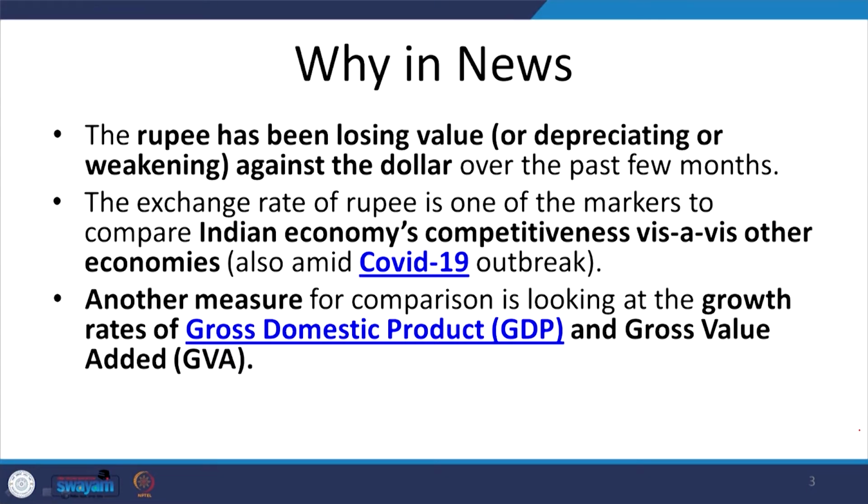I think in the last 2 quarters, India has experienced a negative growth rate, basically a minus 23.9% fall in the growth rate of GDP in the first quarter of this year, which has been a major concern.